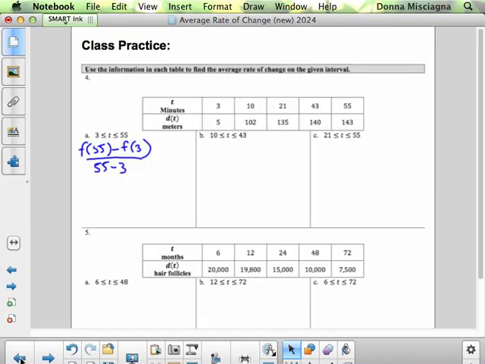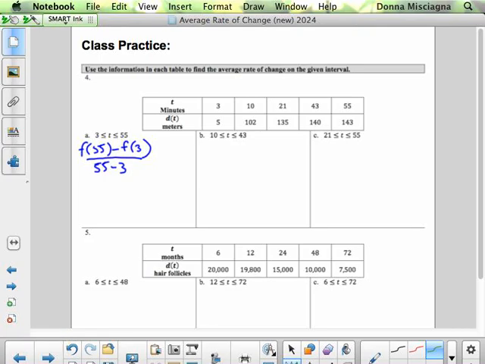That's okay. If I wanted to approximate 24, which is not in this top table up here, I wouldn't choose 3 and 55 because they're not as close as I could get.